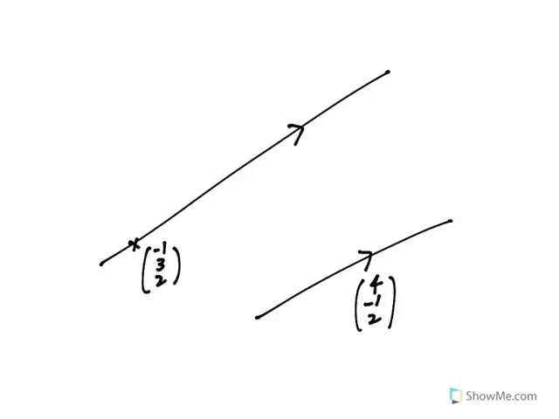Two lines are parallel means they have the same direction. So I can also say that this vector can also lie on this line, which is also (4, -1, 2). Very quickly, we can write out the vector equation. Vector equation means your answer is a vector.